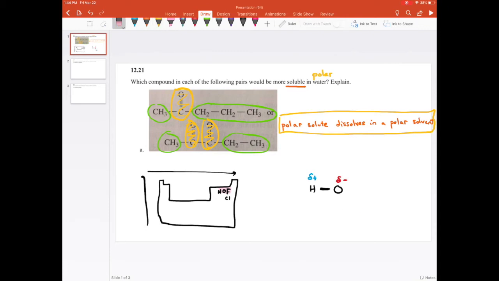So these are the three steps you want to put in your explanation, which is the most important part of this. So first write your conclusion: the second molecule would be more soluble in water.